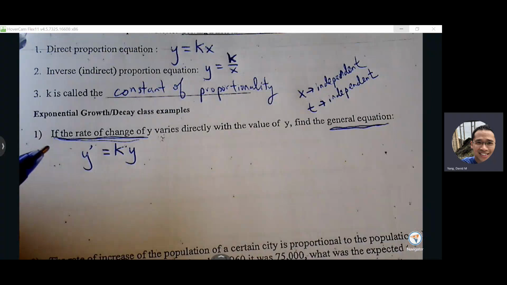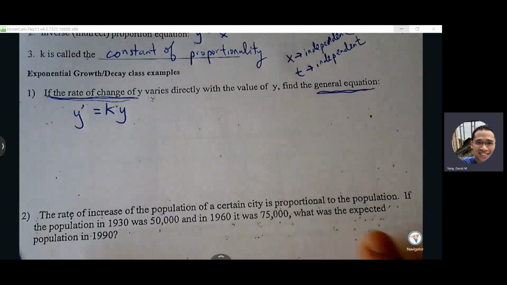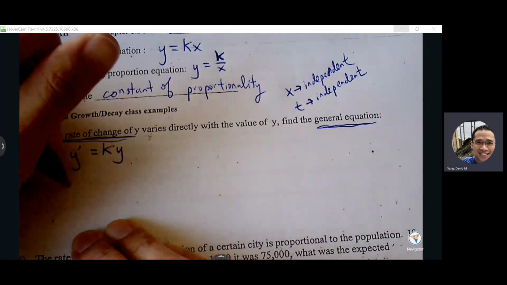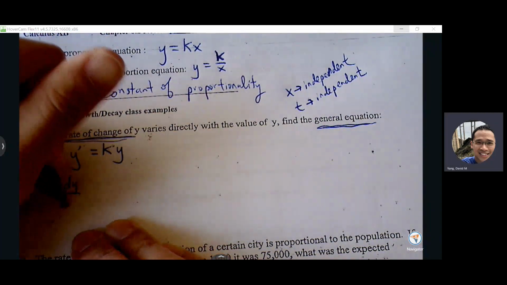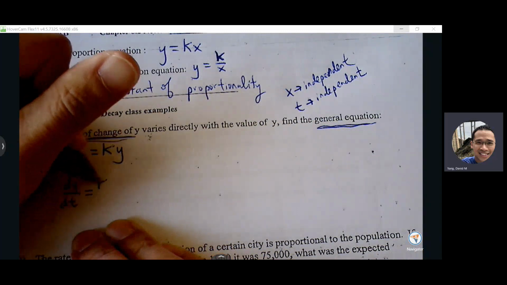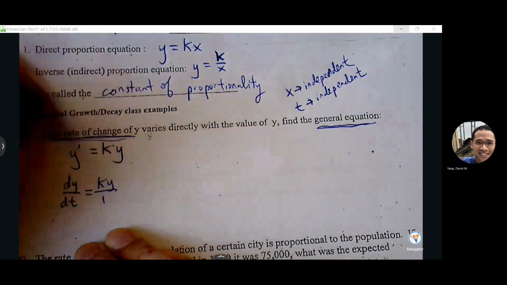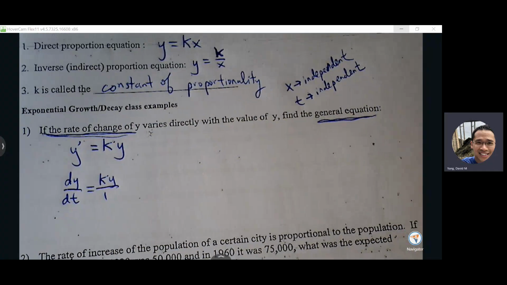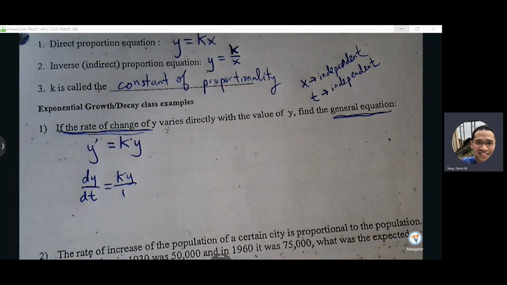With these word problems, t will take the place of x. So I'll say dy over dt is equal to ky. We just have to adjust and say, okay, I'm going to treat t like I would x. Right? Cross multiply.